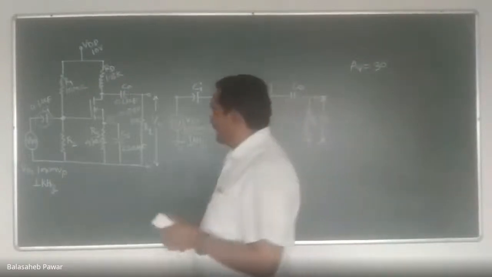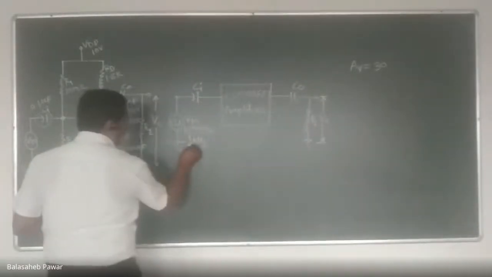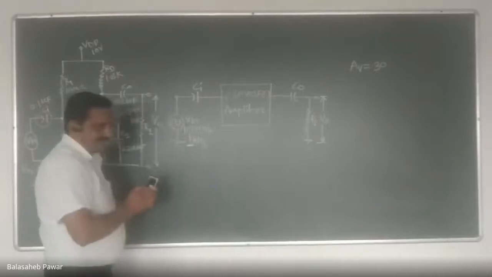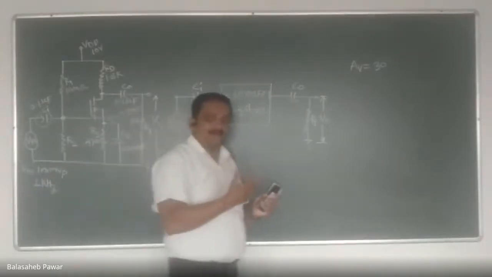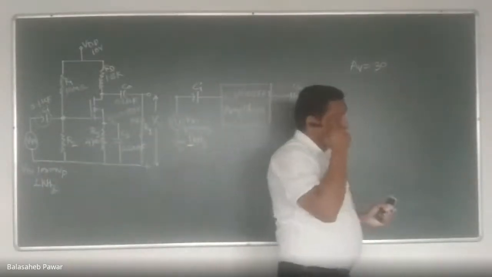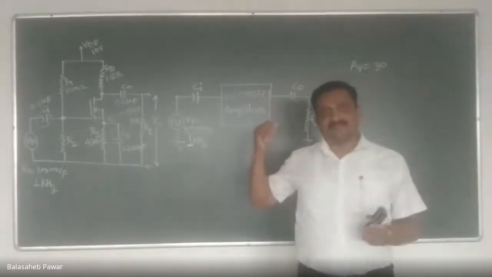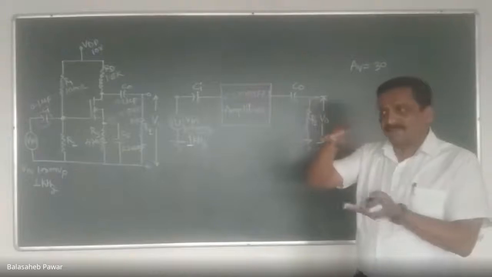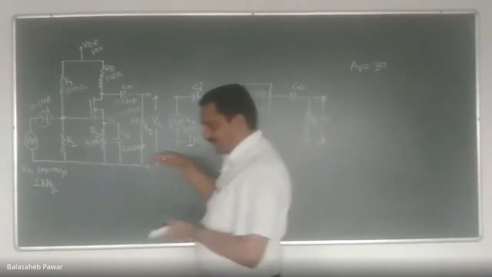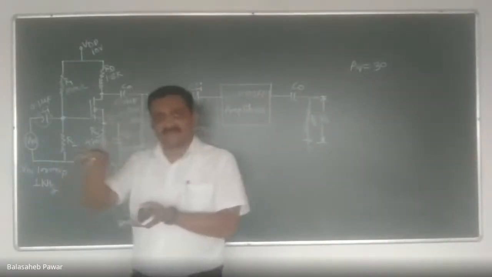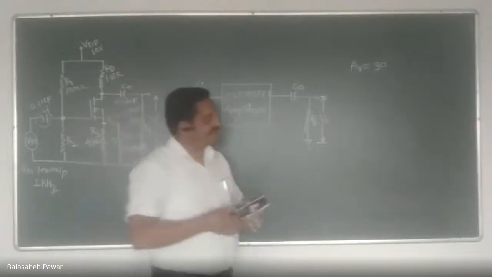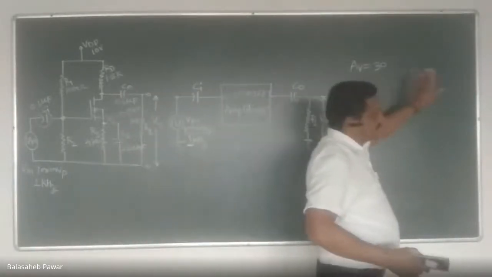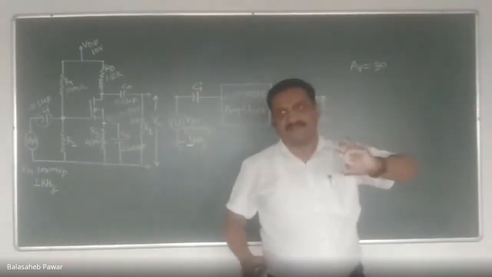Yesterday we kept this 1 kilohertz frequency constant and varied only the amplitude. Accordingly, we observed that whatever output we got in terms of peak to peak, the gain remained constant.